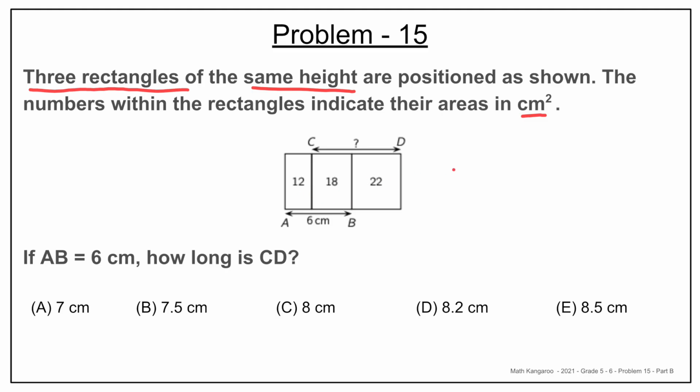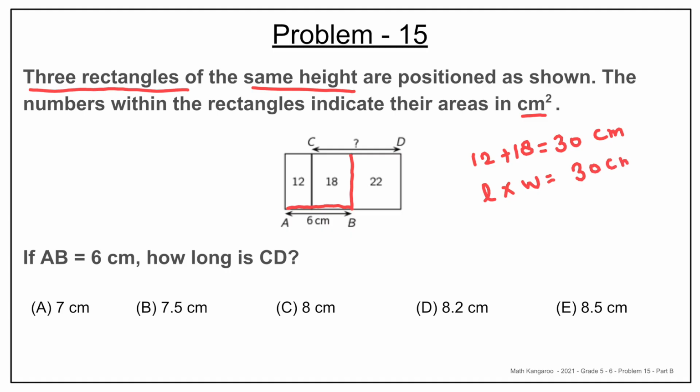So we can sum the areas of the first two rectangles. So 12 plus 18 gives us 30 square centimeters. Now if this is the length of this rectangle, and this is the width, we know that length times width is equal to 30.